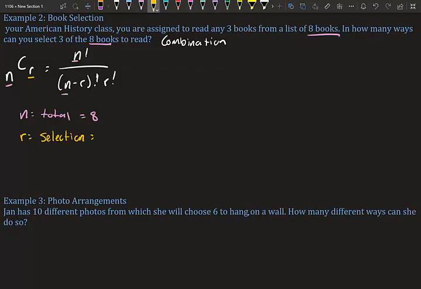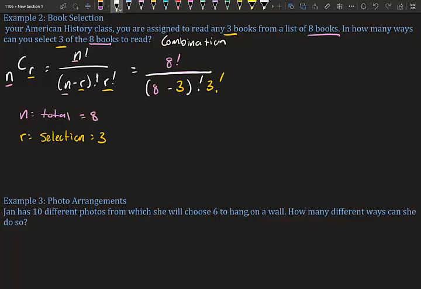We're only reading 3 of 8 books. So let's plug it into our formula. We have n factorial, so 8 factorial, over n minus r factorial, so that's 8 minus 3, and then r factorial, so 3 factorial.